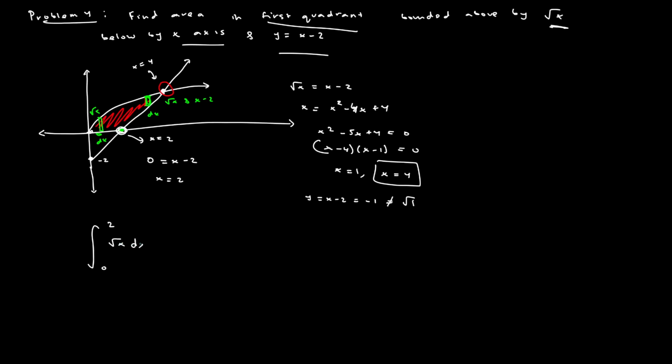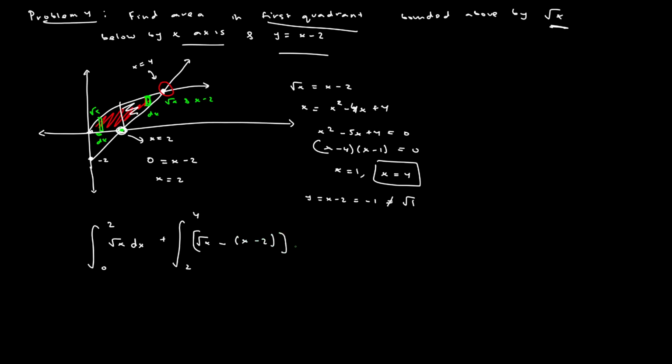And then the second region of the area corresponds to this portion after x equals 2. So that's just from 2 to this intersection point of x equals 4. And the difference in the height becomes square root of x minus 2. And then our width still remains dx.